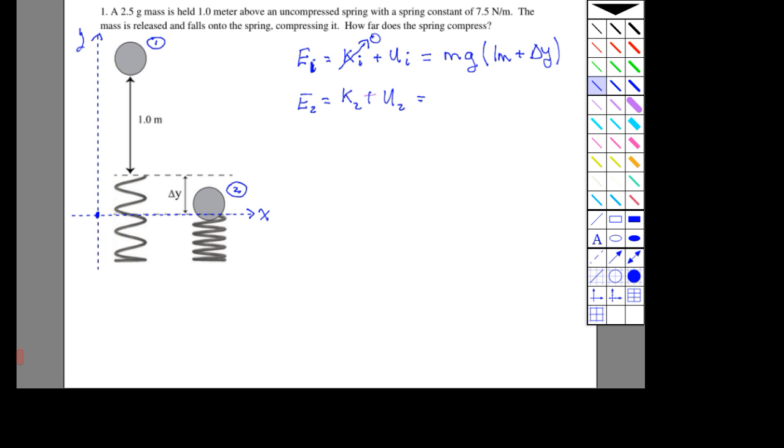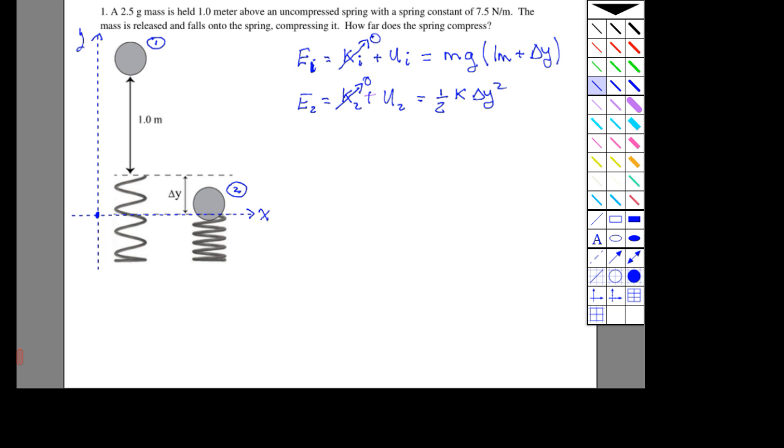So our kinetic energy at position 2 is 0. And our potential energy at 2 is just the energy stored in that compressed spring, which is given by the formula 1/2 times the spring constant k times the amount our spring is compressed squared.